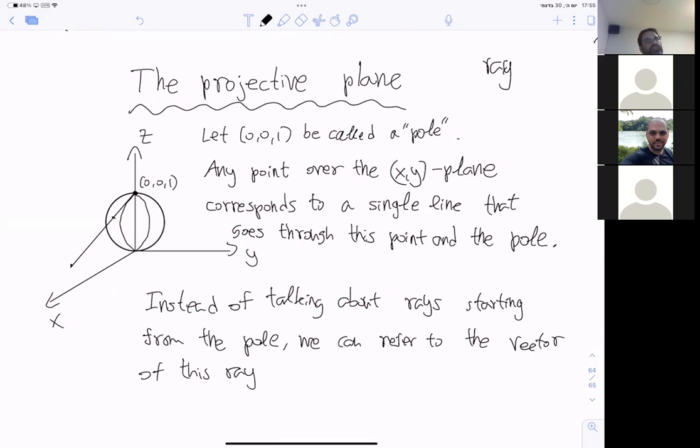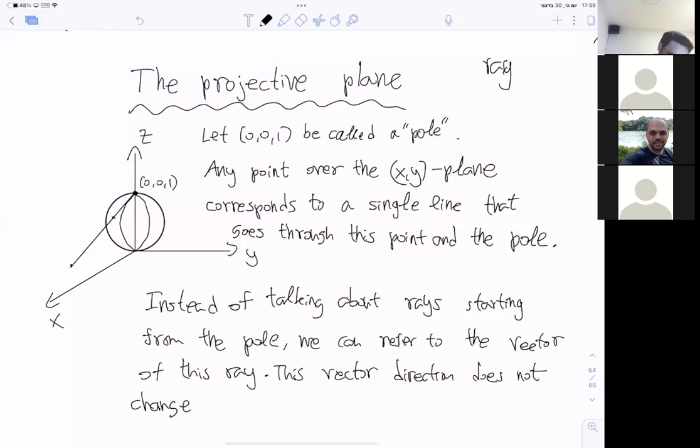This vector's direction does not change when multiplying by a scalar.